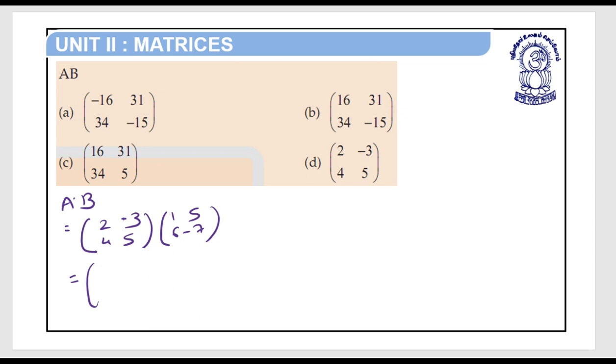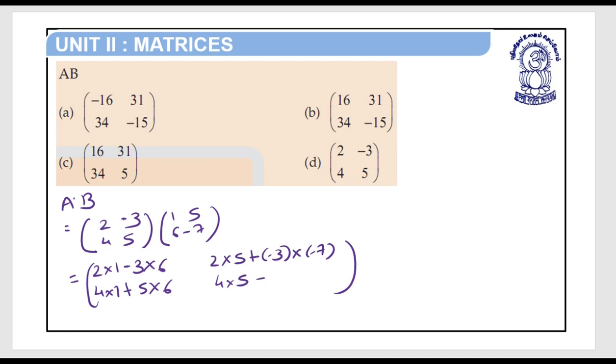So 2 into 1 plus minus 3 into 6, 2 into 5 plus minus 3 into minus 7, 4 into 1 plus 5 into 6, 4 into 5 plus 5 into minus 7.